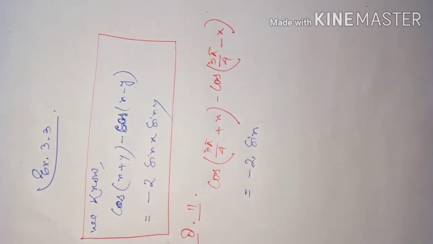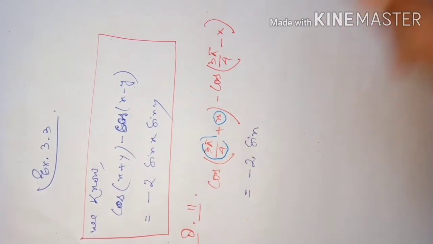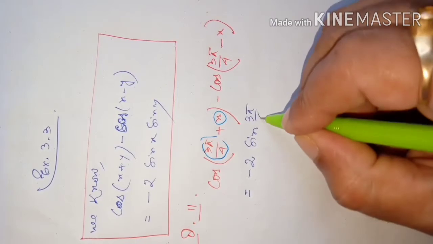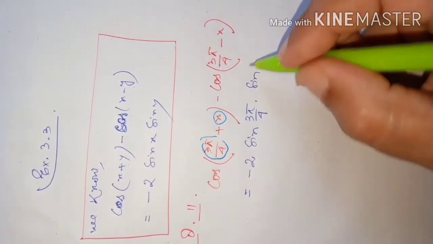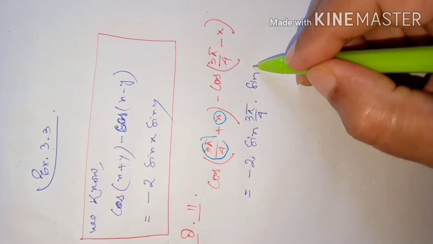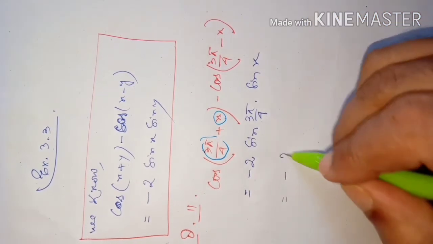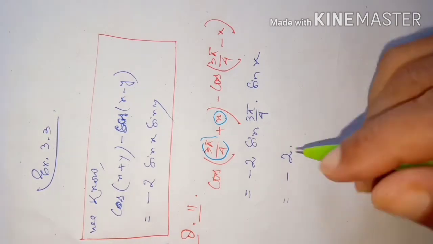You have to imagine this 3 pi by 4 as x and this one as y. So then sin of this 3 pi by 4 into sin y, that is y is x here, sin of x.